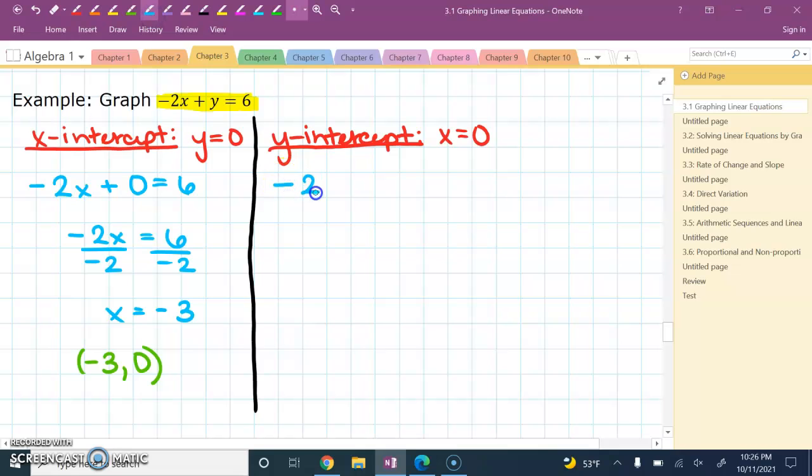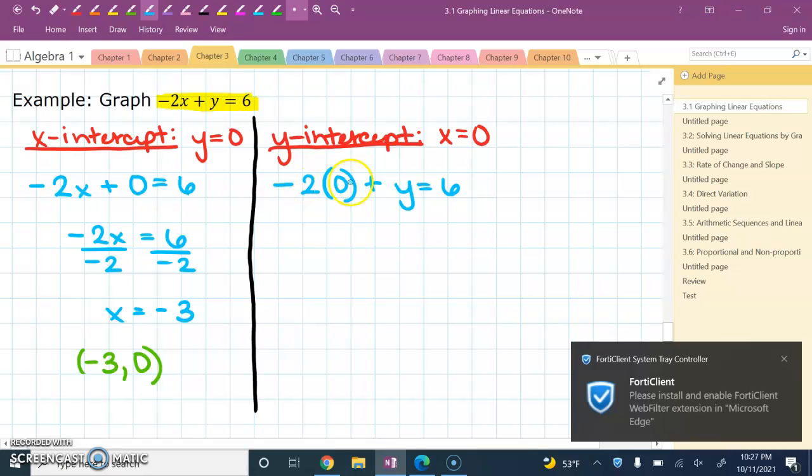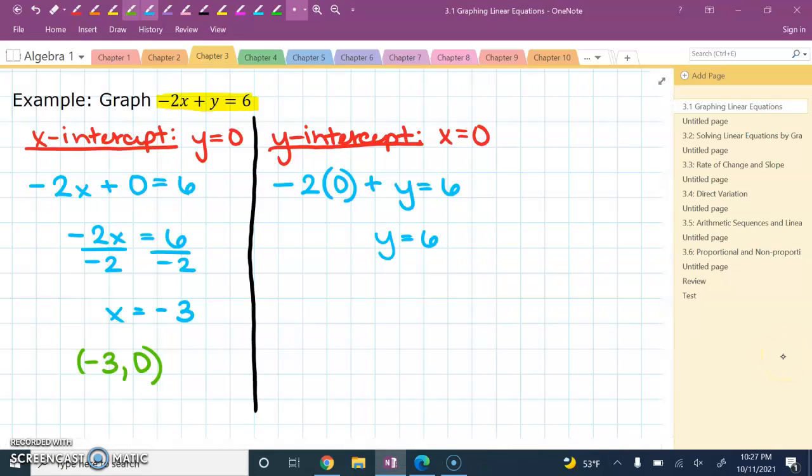So I'm going to write negative 2, and then I'm going to put 0 right next to that. And I put it in parentheses when I'm plugging in that x value. And then I have plus y equals 6. Now that negative 2 times 0 is going to 0 out, and I'm left with just y, and that's going to equal 6. So then I can write it as a coordinate. This time, your x was equal to 0, and you got 6 for your y.